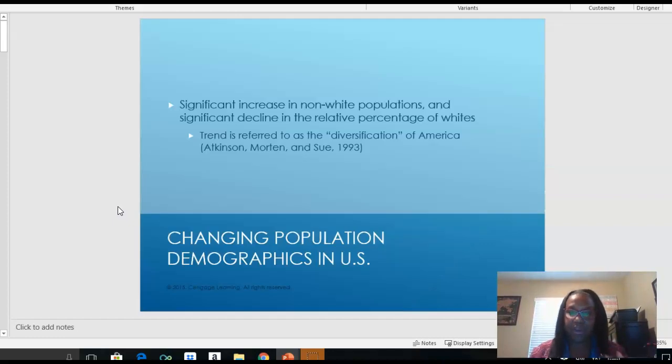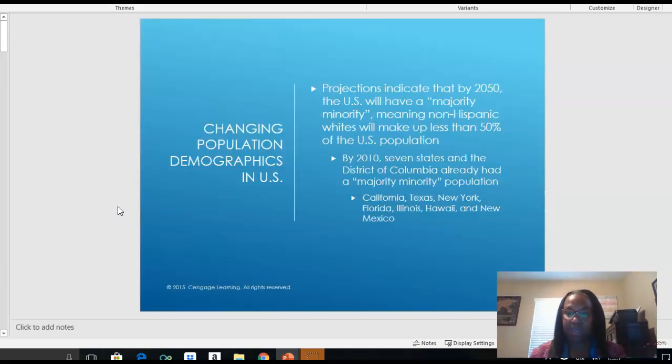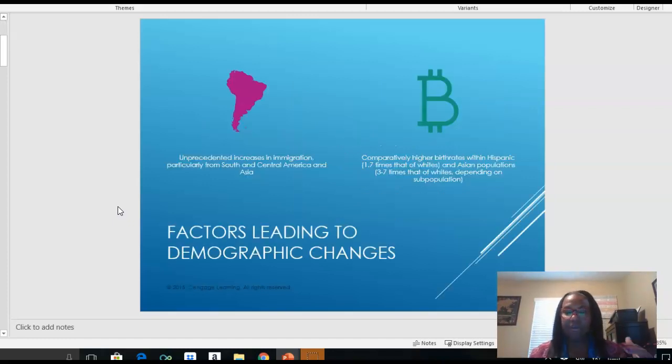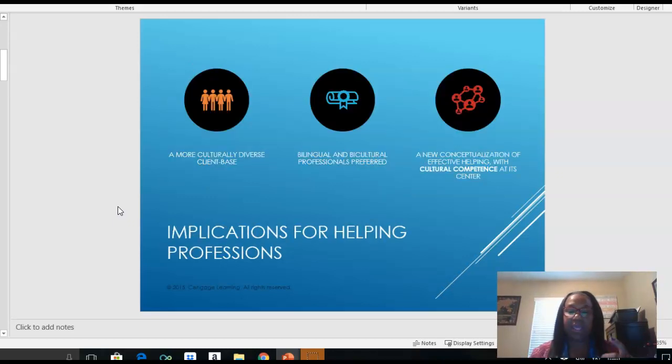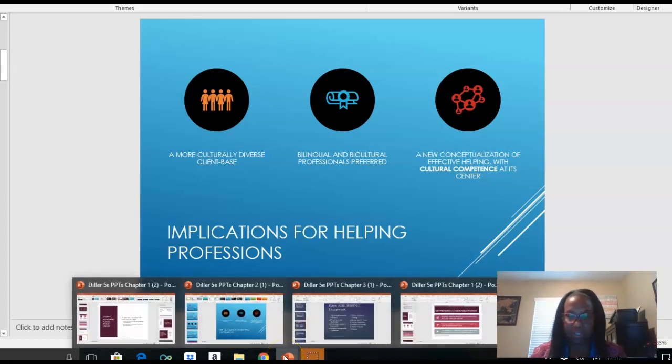So going through the various details of what that chapter entails: changing population and demographics, and what that looks like from past to present, how we project that for our future, factors leading to those changes, what has been impacts to that, reactions to those changes, the political backlashes, polarized societies and what that looks like, implications for helping those in the professions. And so it goes on and on to provide greater detail.